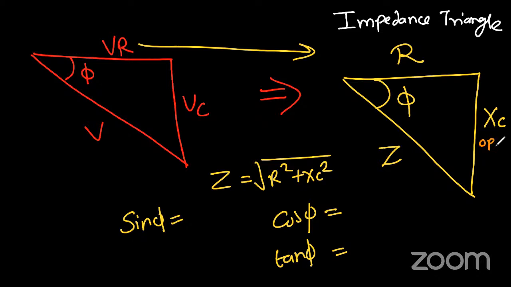This is the opposite side, this is the adjacent side, and this is the hypotenuse. Use the chat box for the impedance triangle. So let's see the answers.